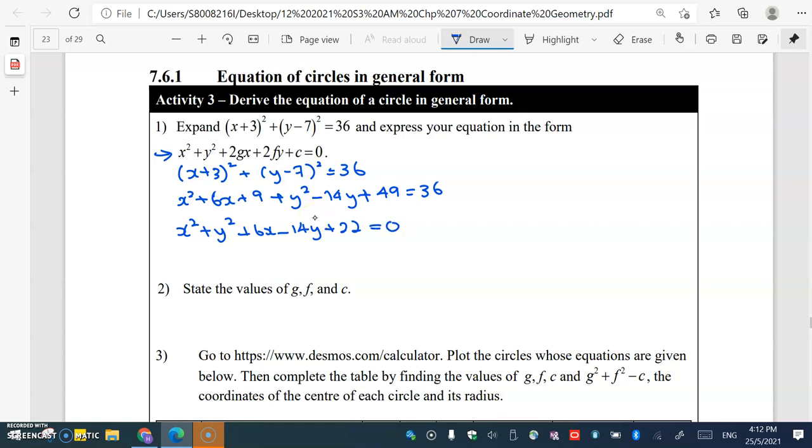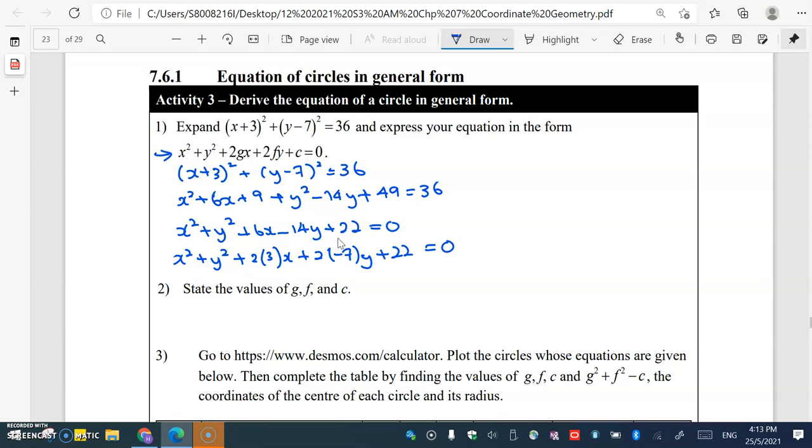If I want to write it like the format above, I get x² + y². 6x, if I split it into 2gx, is essentially 2 times 3x. Minus 14y, if I want to split it into 2f, f will not be 7, but in order to get negative 14, I need a negative 7y, and then plus 22 in this case.